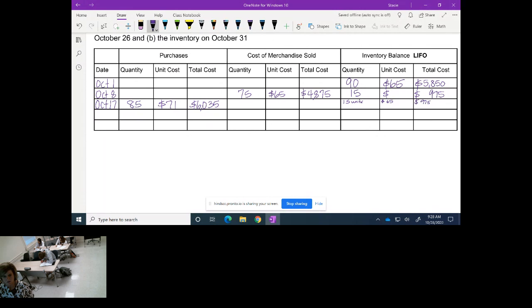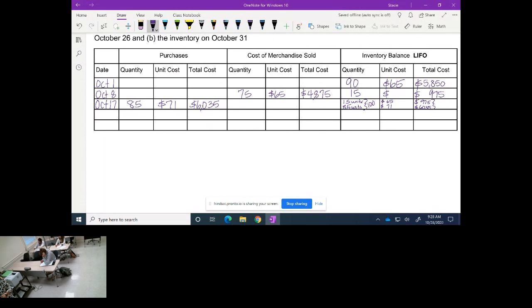And then we have 85 units at 71 for a total of $6,035. So this is what our inventory is made up of currently. So we have a total unit count of 100, right? And then our total inventory cost at this point.